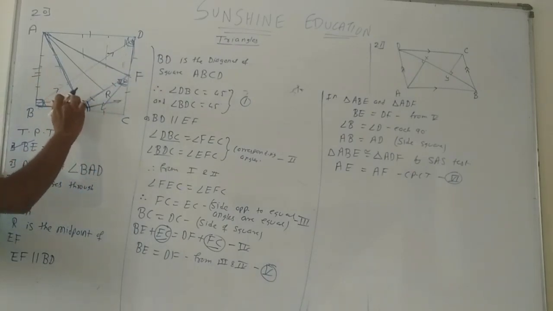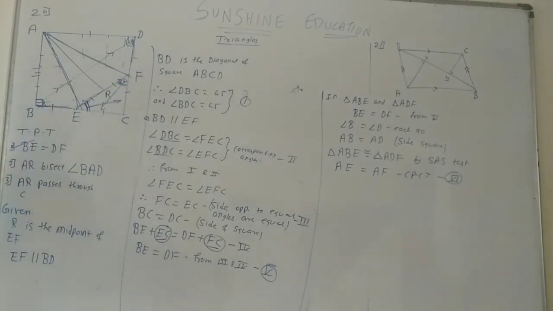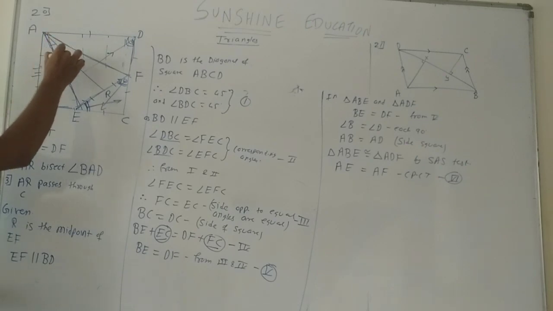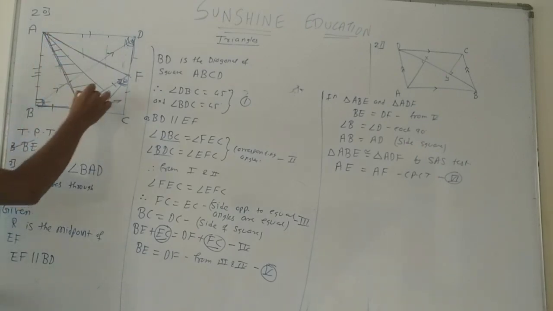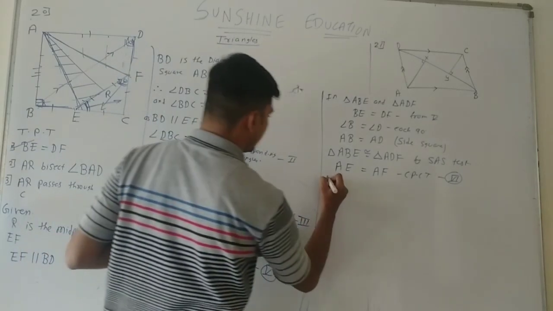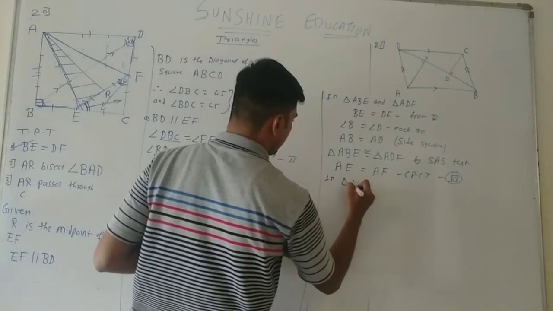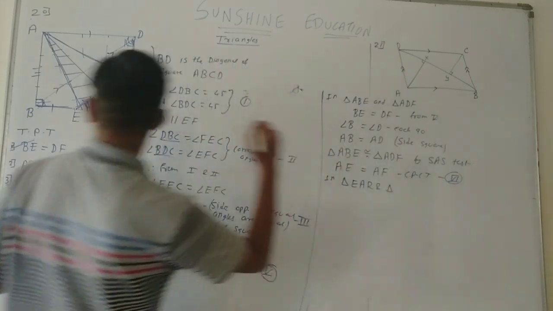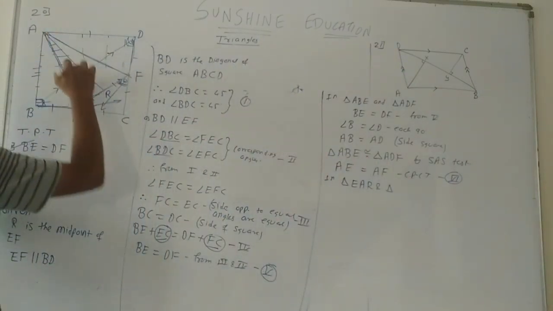So this is the diagram. Now we have triangle EAR and triangle FAR.